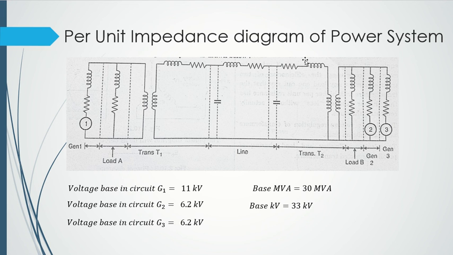Then what did we have in between transformer T1 and transformer T2? Between them we have a transmission line. Here we will not present the transmission line with the pi model. We will instead represent it with a simple reactance or inductance, and we will mention the per unit value of the reactance of my transmission line over here.